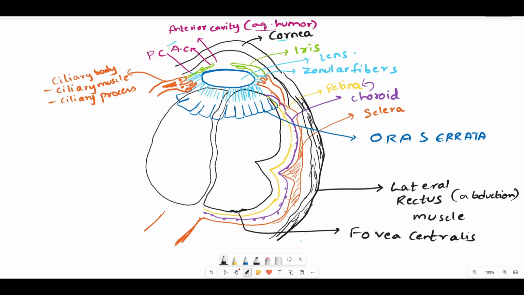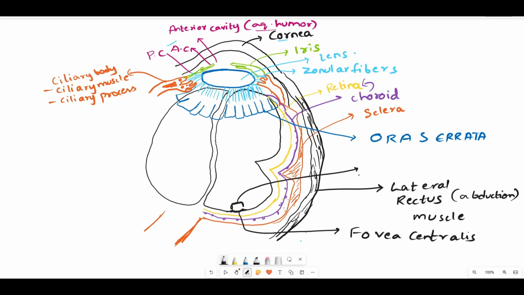That means it is one of the areas that contain only cones. The use of these cones and rods we will get to know in the physiology. This fovea centralis is a small depression seen on the eyeball, with the highest visual acuity, containing only cones.